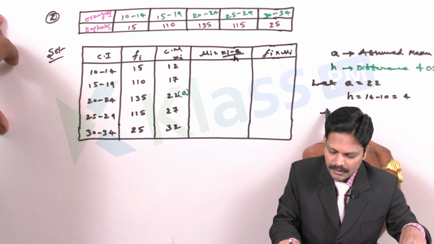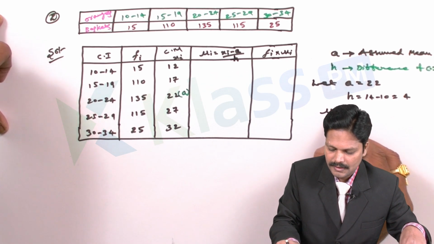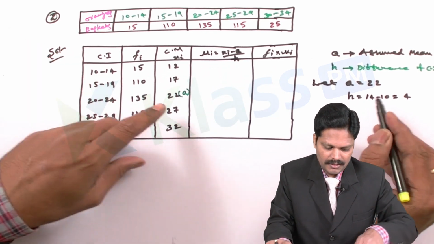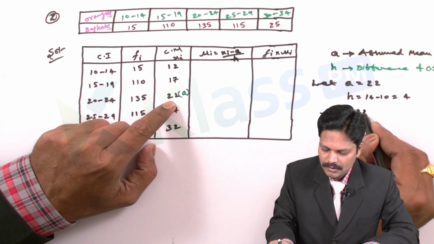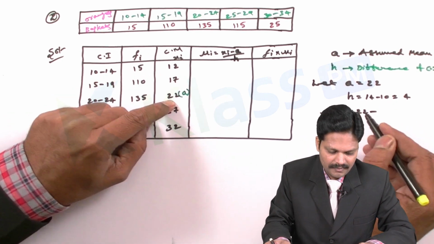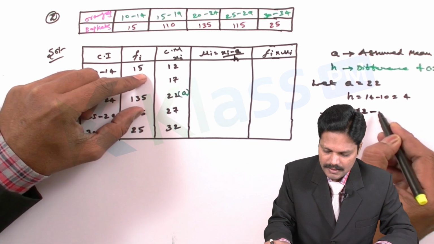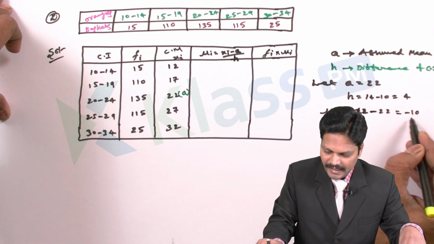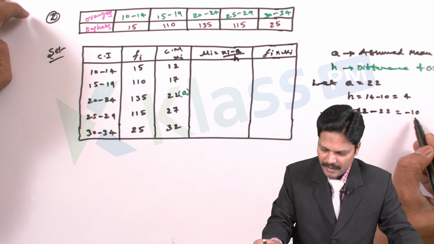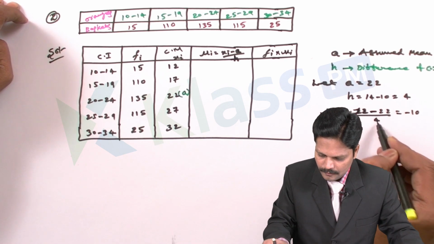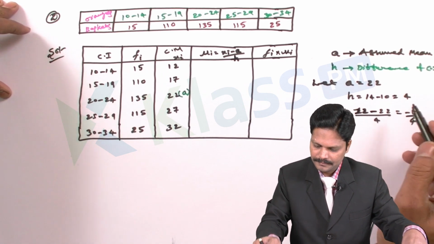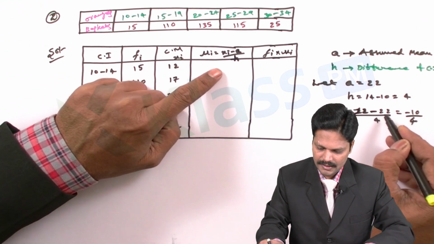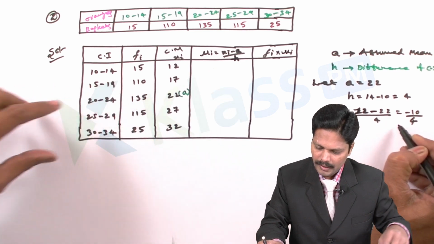Then we need to get u_i. This is u1, taking the first row. Here x_i is 12, a is 22, and h is 4.